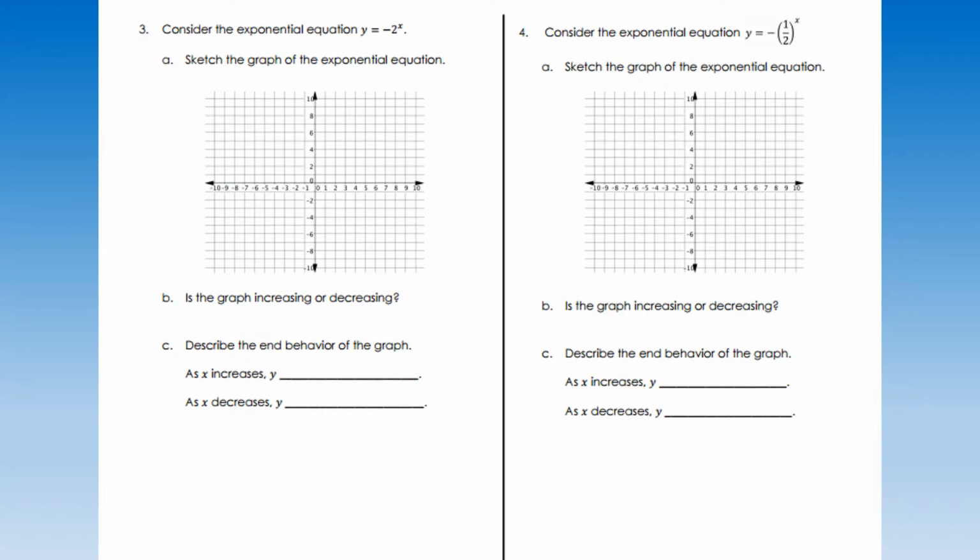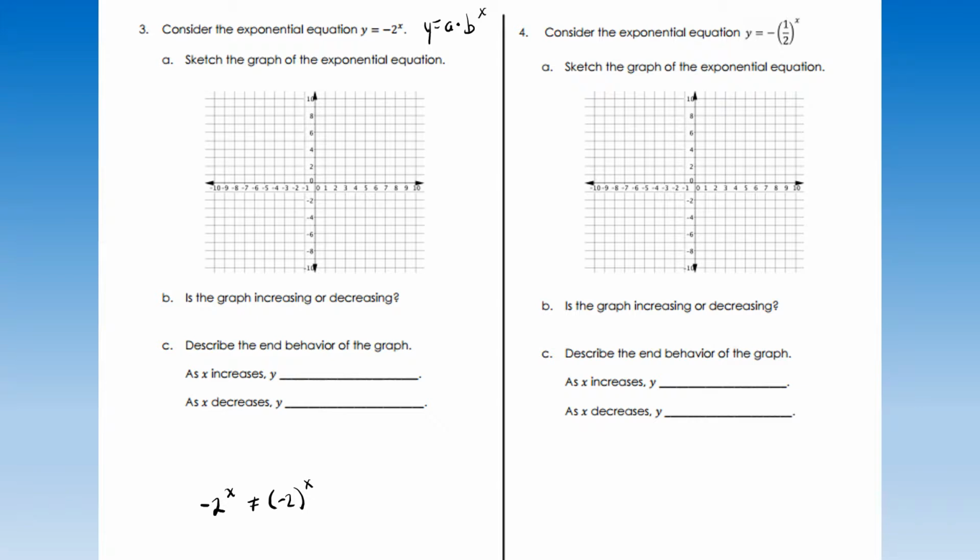All right, so 2 more to do. We've got the first one here, we've got y is equal to -2 to the x power. So again, we want to write this equation so that it's y equals a times b to the x. Right. And again, what we said before still holds true. Since this is -2 to the x power, that's not the same thing as saying -2 to the power of x.